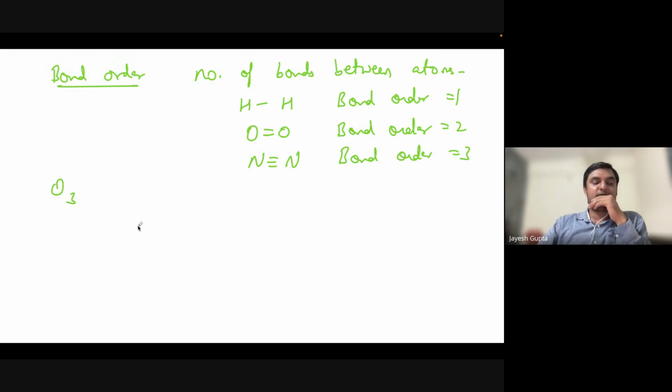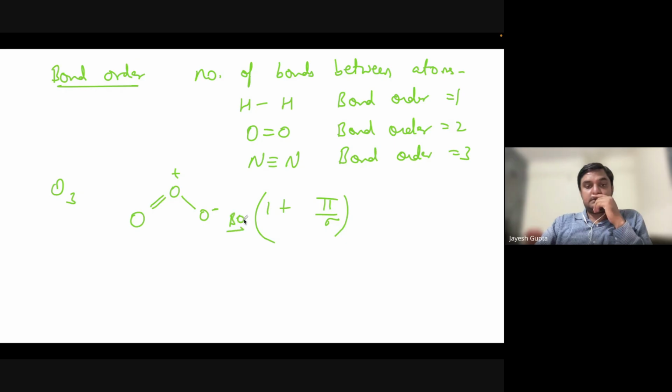Now if I am having a resonating structure, for example if I take O3, one of the resonating structures you have to draw. So this will be like this. Okay. So the formula for bond order when you are seeing from the resonating structure is 1 plus pi upon sigma, 1 plus pi bond divided by sigma bond.